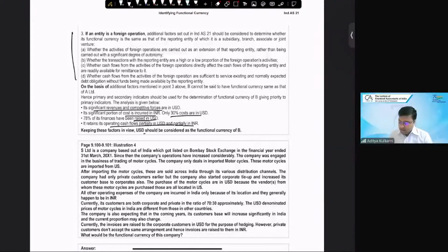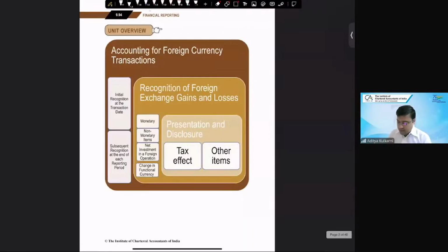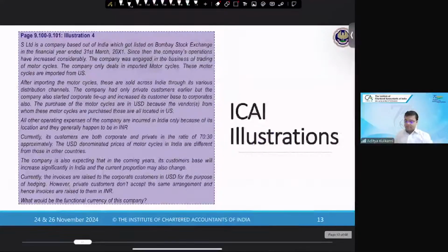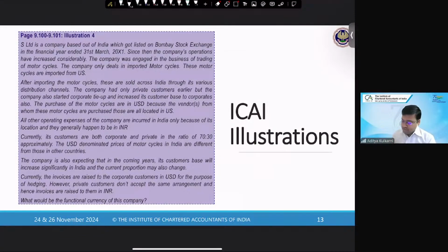Keeping these factors, USD should be considered as the functional currency of B. Are we okay with this? Yes, sir. Okay, all right. Next, let us move on to illustration 4.